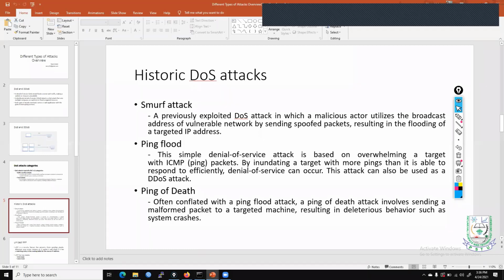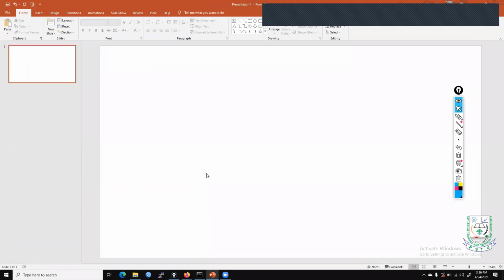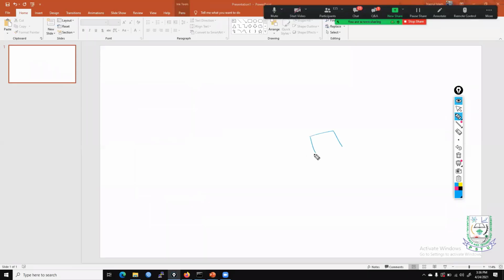So how is this actually happening? Let's say this is your target device. This is the server, let's say your web server, right? And there is the attacker. We can say this is the bot.